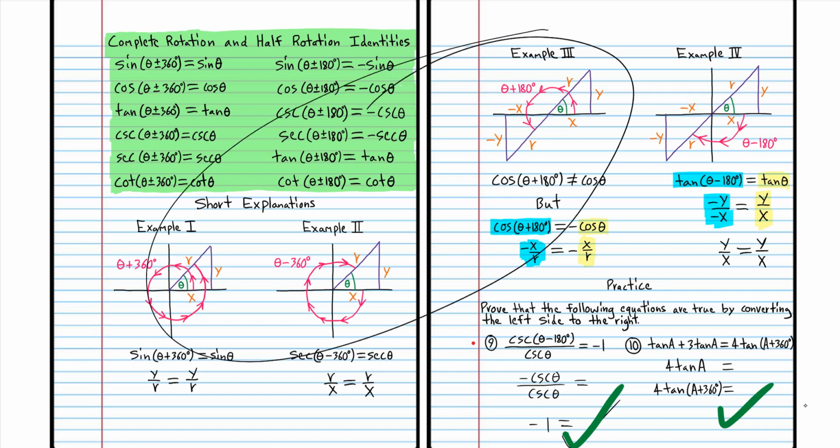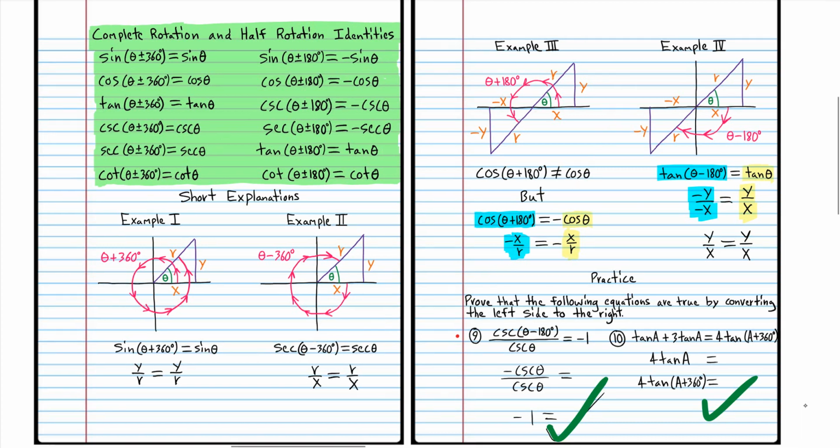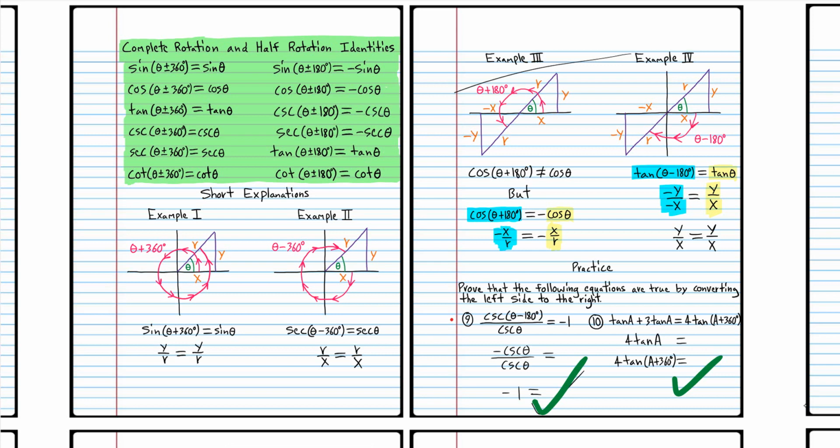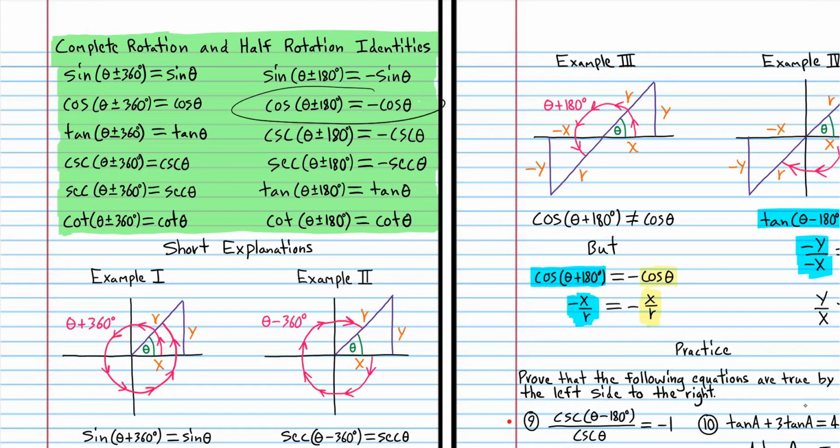Again, with these identities, you can remember them just by understanding these explanations, because these identities work for any value of theta. So if you can show that one of these equations works for one value of theta, whether it be an acute theta, an obtuse theta, or a reflex theta, then it's going to work for every theta.